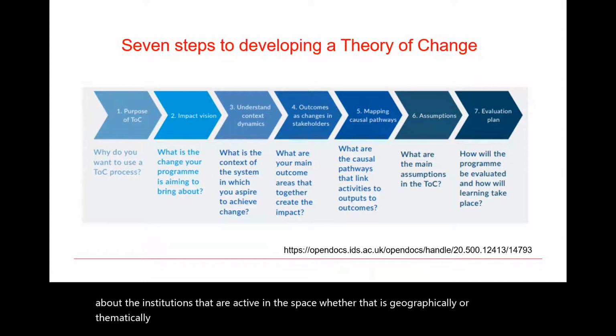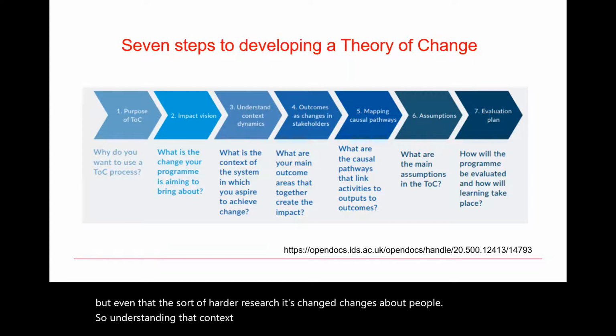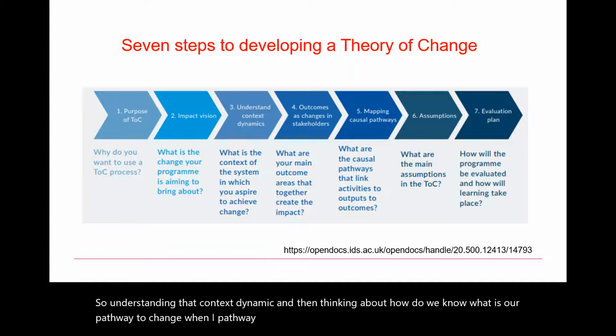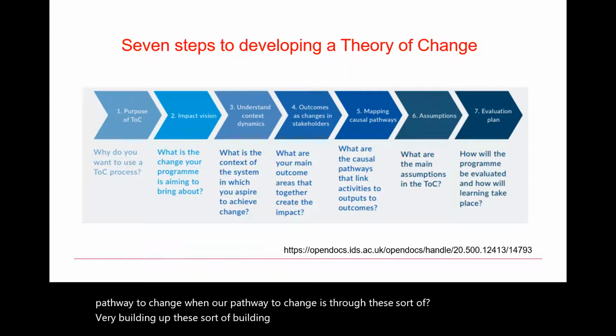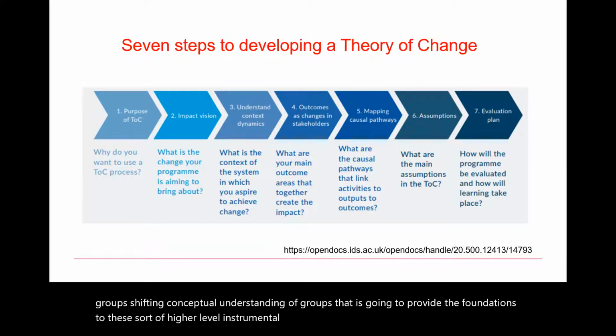The work we do at IDS is social research, but even the harder research is about changes in people. So we understand that context dynamic, and then think about our pathway to change. Our pathway to change is through building up capacities of groups, building up networks of groups, and shifting the conceptual understanding of groups. That provides the foundations for the higher-level instrumental impacts of shifting policy or funding frameworks and moving funding in that direction.